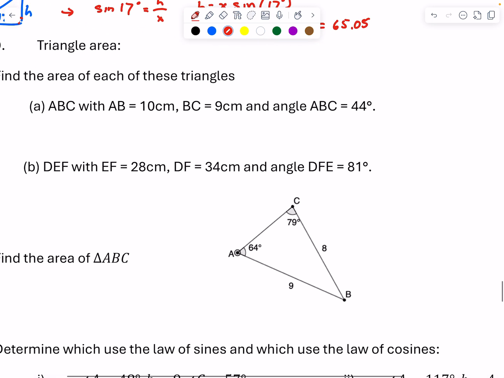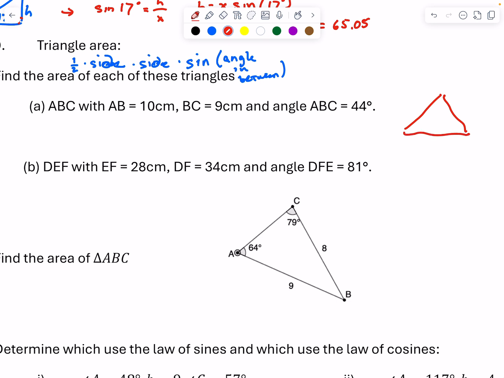All right, on these, area of a triangle is 1/2 side, side, sine of angle in between. So let's just make sure on these things that we have the angle that's in between.